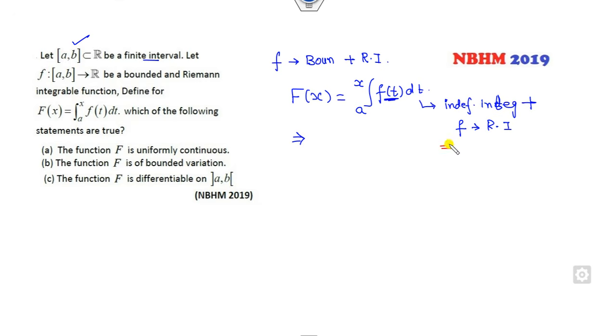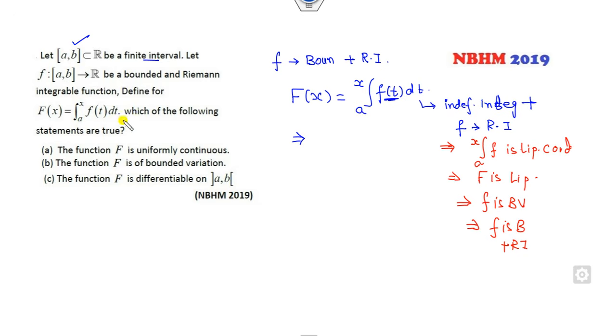What does it mean? This satisfies the Lipschitz condition. If this satisfies the Lipschitz condition, capital F satisfies the Lipschitz condition. It means F is of bounded variation. If F is of bounded variation, it means F is bounded. Also, F is Riemann integrable. So bounded variation is the correct option.